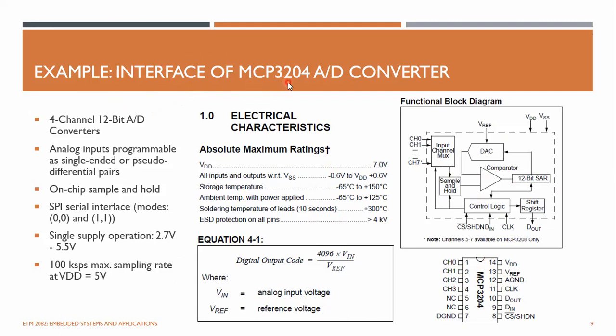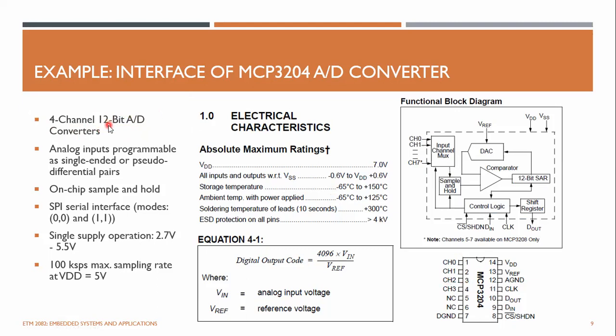So the MCP3204 is a 4-channel 12-bit analog to digital converter. We know that most of the AVR microcontrollers we have been using for our applications have 10-bit ADC resolution. But if you want more and more accuracy, this is one example.